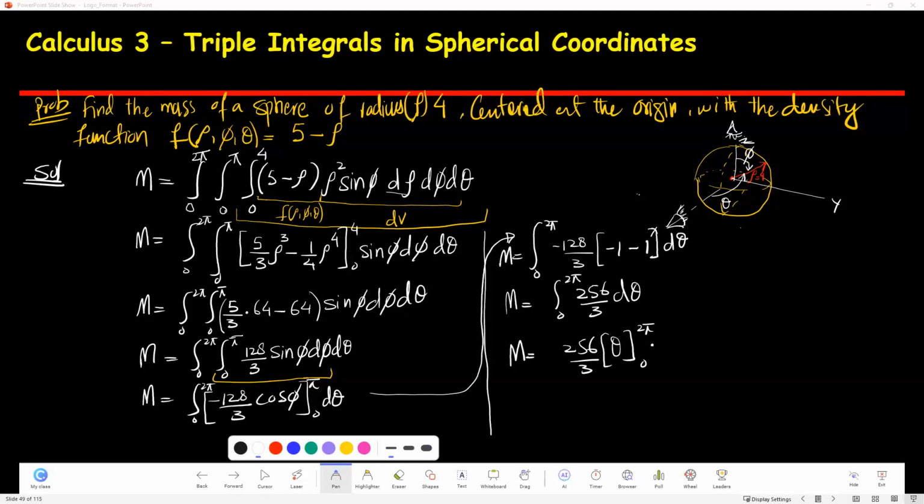We substitute the value. It's going to be 256 over 3 times 2 pi minus 0, and if I multiply this, it's going to be 512 over 3 pi. That is the mass. Okay.